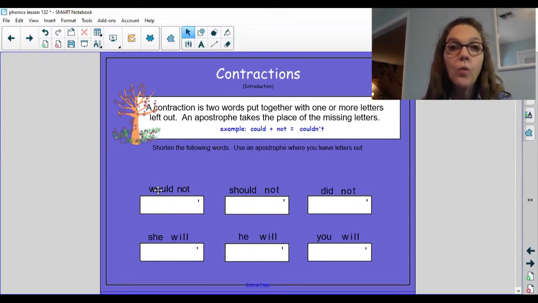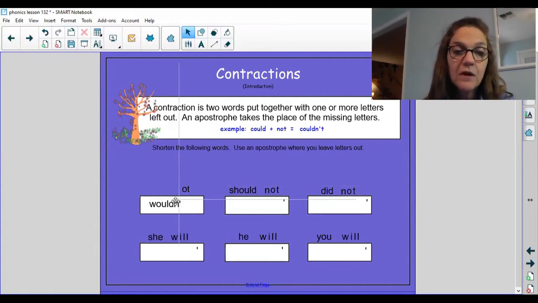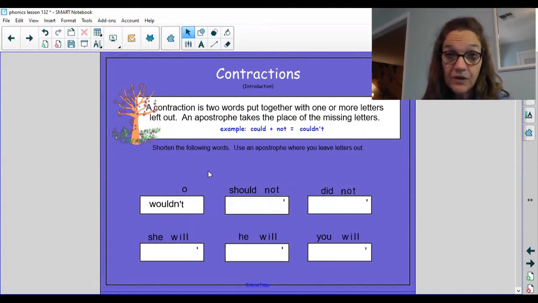The baby wouldn't stop crying. We have would, and we're going to leave the O out, but we're going to move the apostrophe over, and then we're going to bring the T down. Wouldn't. Okay? No finger space in the word. Everything goes together, but we use the apostrophe to let us know that a letter has been left out.